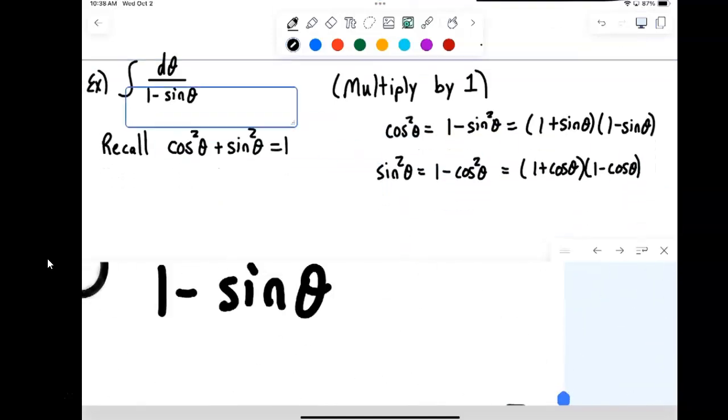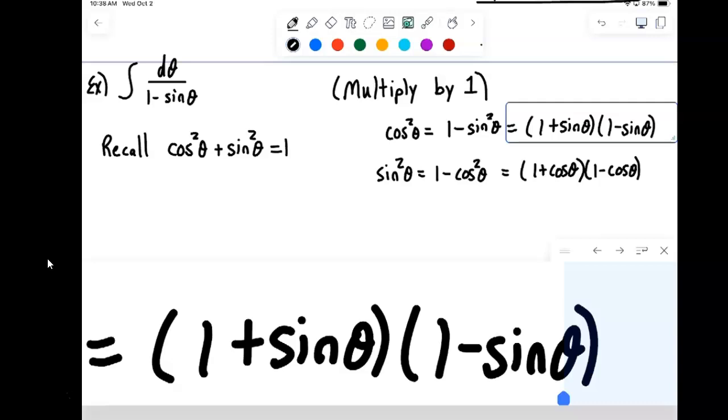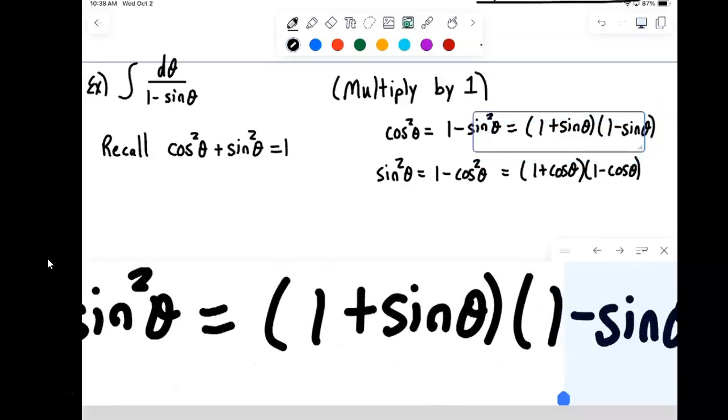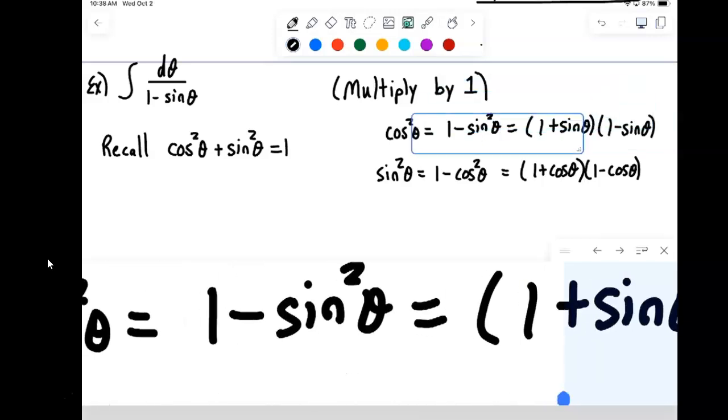So anytime we are dealing with an expression where you have something like a 1 plus sine, a 1 plus cosine, a 1 minus sine, or a 1 minus cosine, we always keep in the back of our head that we can use its partner to transform it into a difference of squares.